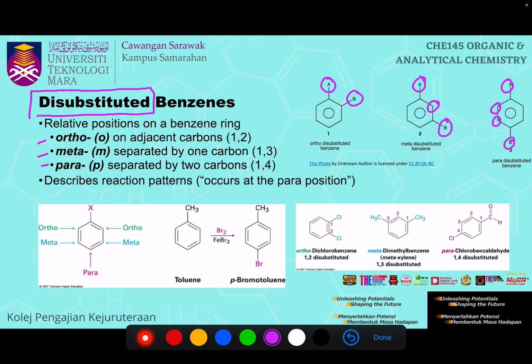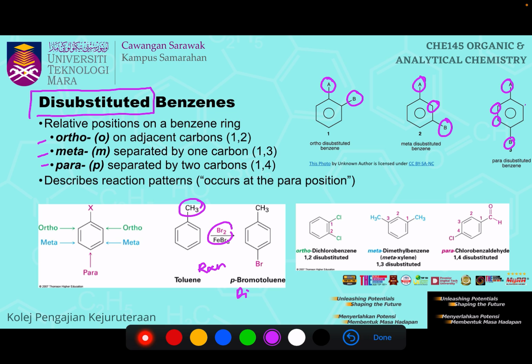Okay, so here we have a reaction. This is a form of reaction. If we have the presence of CH3 already, normally di-substituted benzene, we have already a substituent present. Then we add in another substituent to get a di-substituted benzene, like para-bromotoluene.